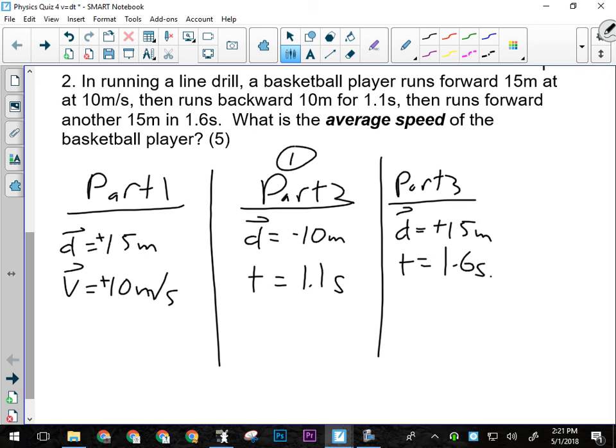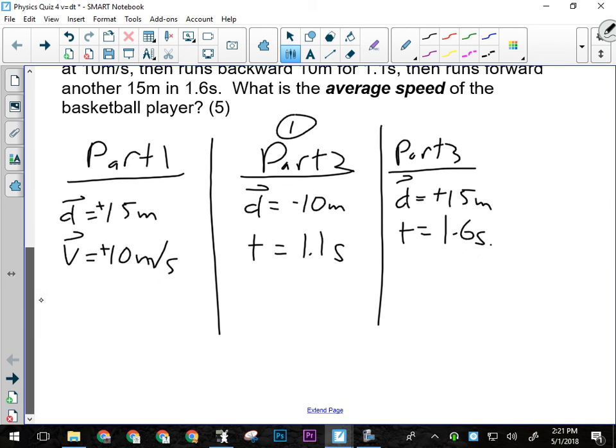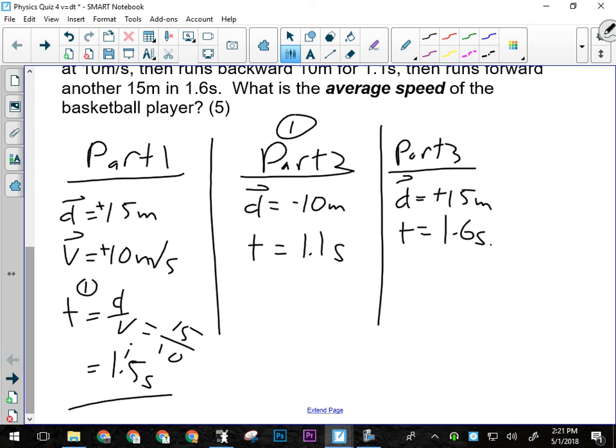I don't have the time for part 1, so that's the first thing I need to calculate. Time is going to equal d over v, so I've just manipulated v equals d over t. So 1 mark for that. That is going to be 15 over 10, which is 1.5 seconds. You can give them a mark for that. So we're up to 3 marks. They calculated the time for part 1.